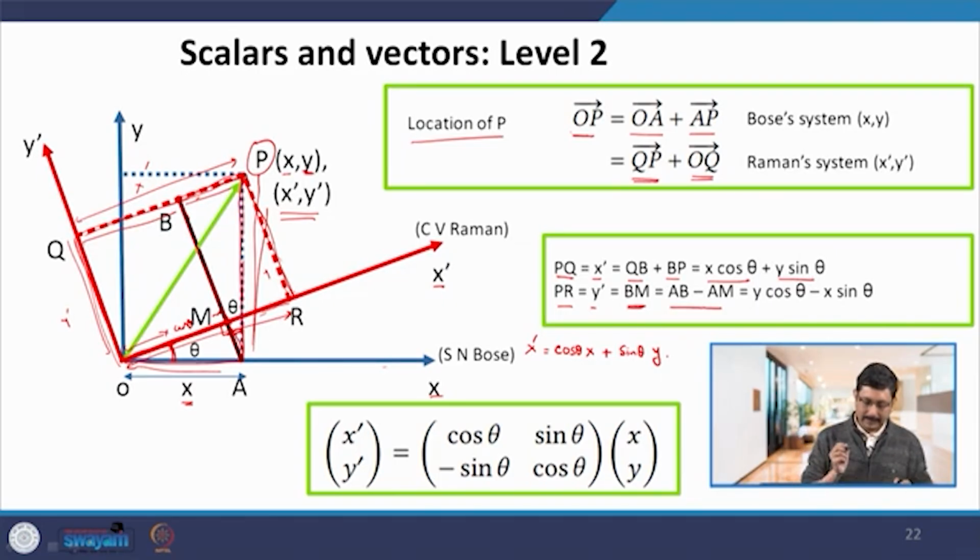Now, how much is AB? If I again consider this triangle ABP, we know this AP is y, and this angle is theta, then AB must be y cos theta. And if I consider the triangle OAM, in which OA is x and this angle is theta, AM must be x sin theta.